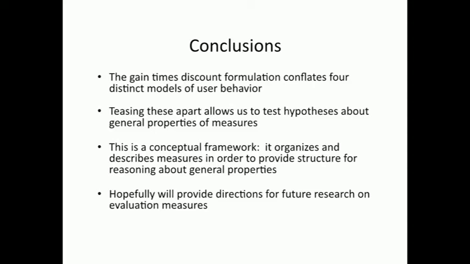But this at least shows there's some suggestion here that maybe this reciprocal rank distribution fits the click data the best of any of these. But it's by no means the final word on this.